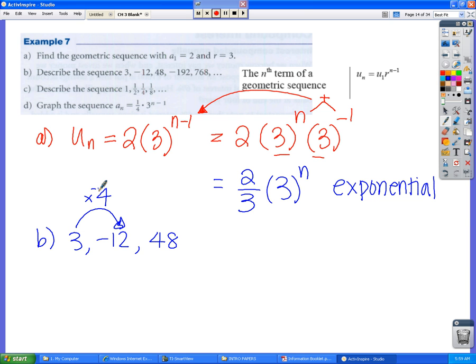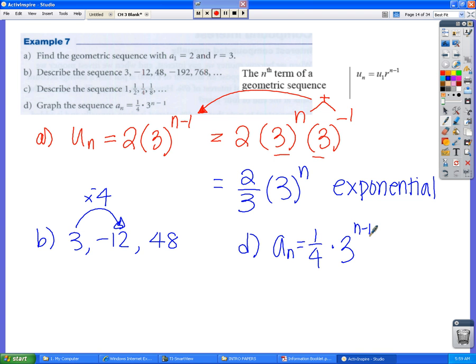And graphing a sequence, I just wanted to make sure you understood that. When you graph a sequence, part D, a sub n is equal to 1/4 times 3 to the n minus 1, you should only be graphing points. This is not an actual curve, meaning there are literally going to be points in the form of an exponential curve, and it will be a scatter plot.